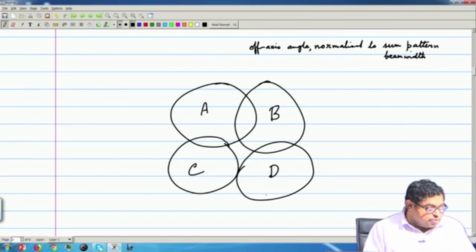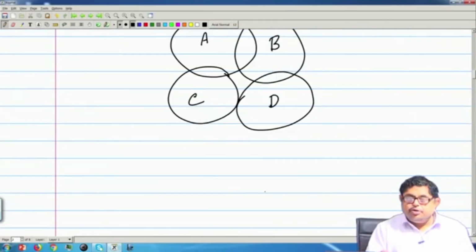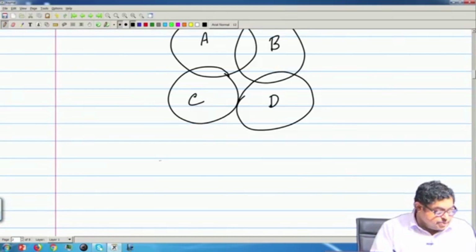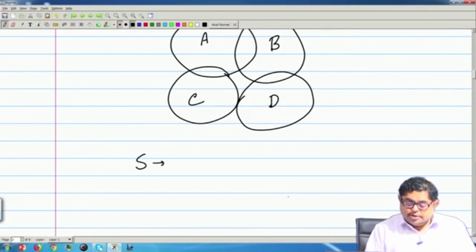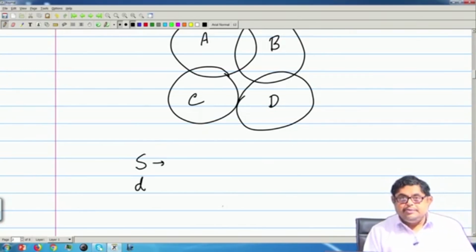So, what we can do now, we will need to put the sum and ratio. Now, S is the sum of all 4 that we can take. In D we will have to take differences.